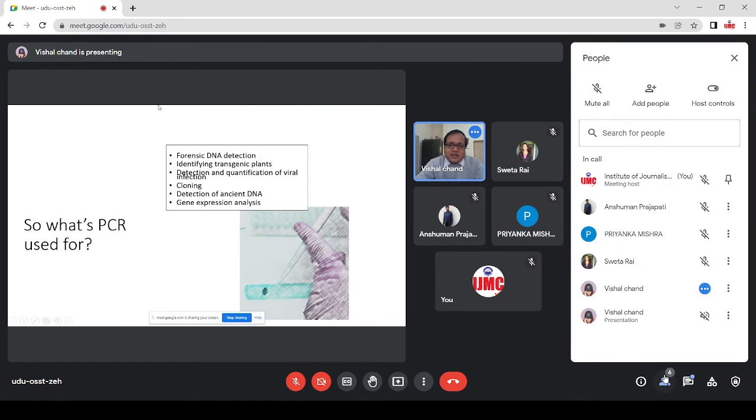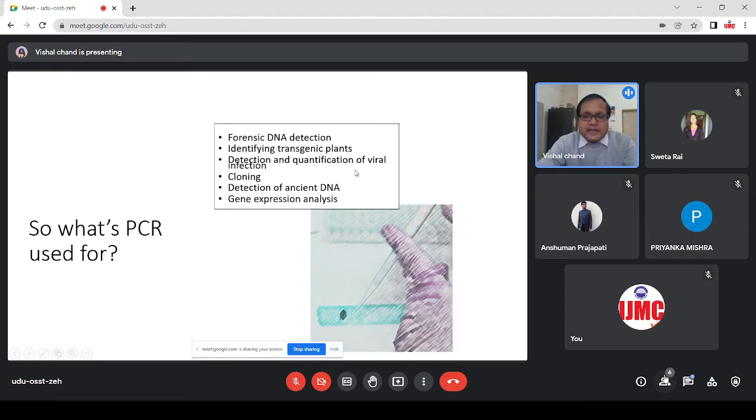Viral infection: you saw this in the pandemic too, most of the viruses could only be detected because of PCR methods. So these are all various methods. Nowadays it is very commonly utilized, and this is one of the very good applications of PCR.